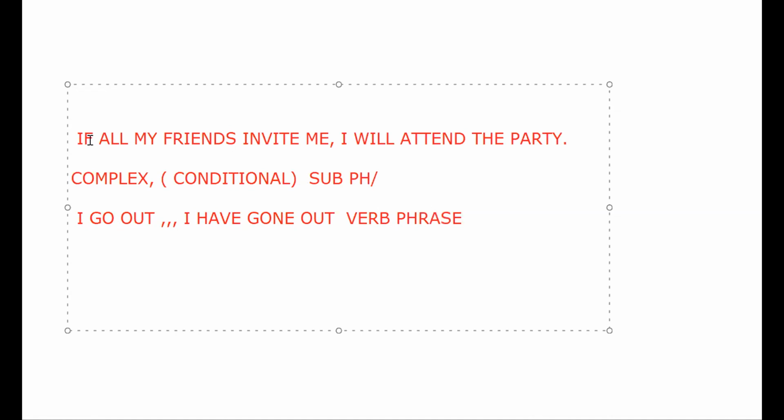Okay. In this, "if all my friends invite," this is a single word. Here, yes, there is one verb phrase. Sir, in this sentence, I have one secondary sentence. In that secondary sentence, I have one subject phrase. And here, I have one verb phrase. So I have introduced another verb phrase. Next, look at this one.